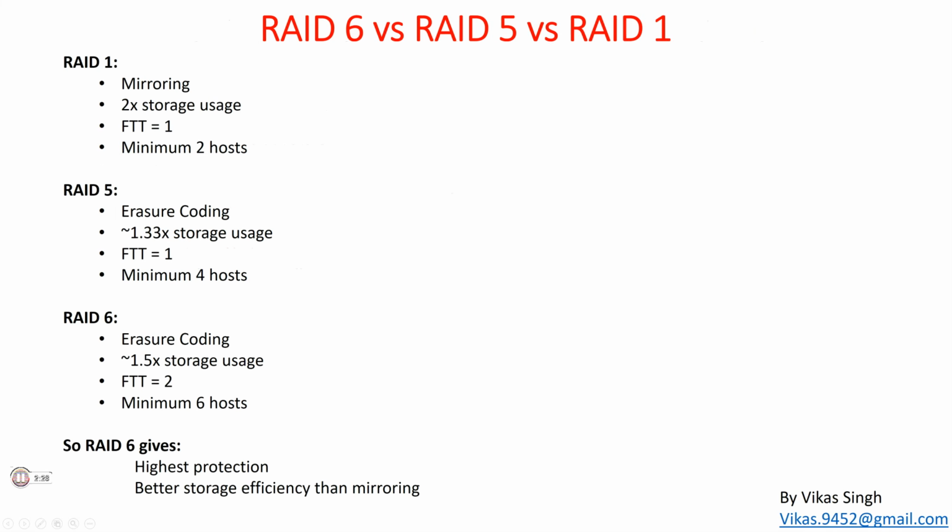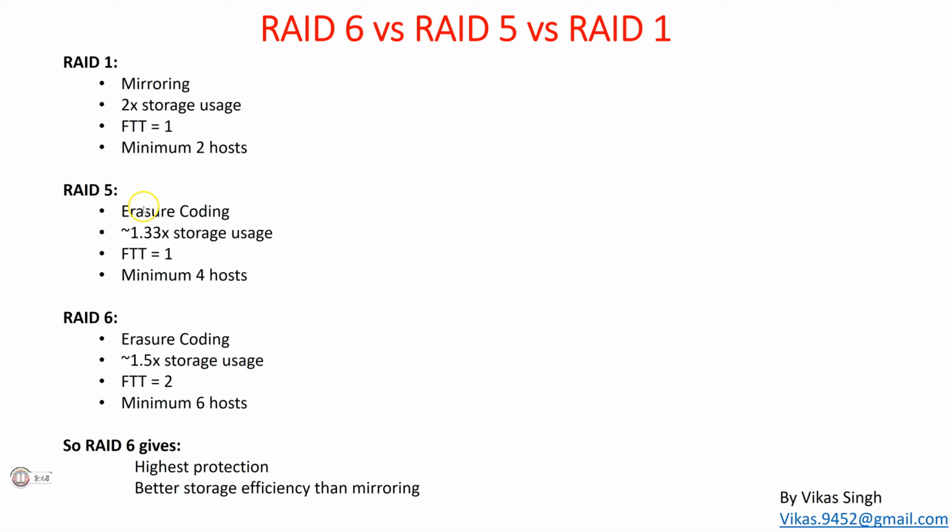Now let's look at a quick comparison between RAID 1, RAID 5 and RAID 6. RAID 1 is mirroring, 2x storage, FTT is one, and the minimum requirement is two hosts.